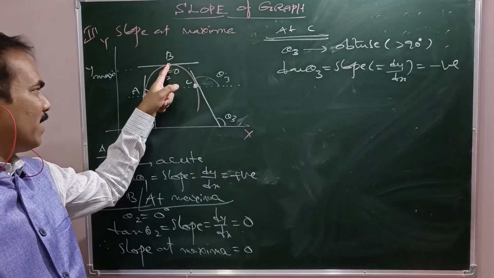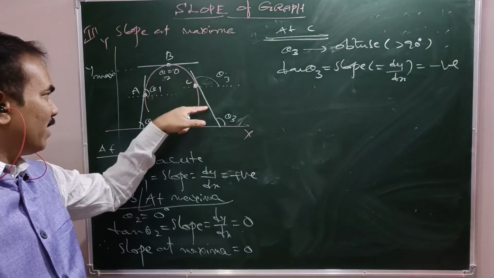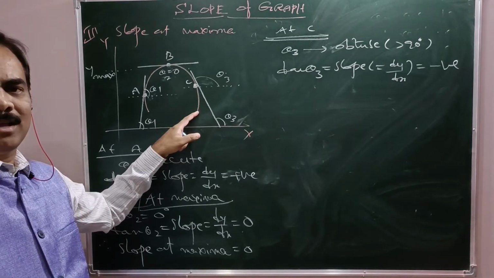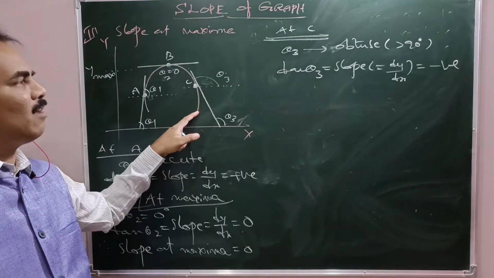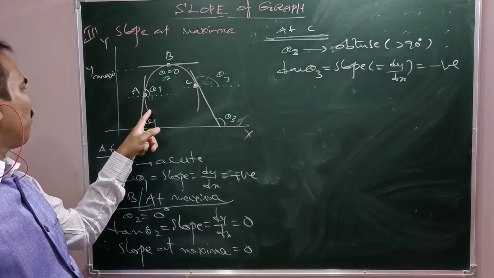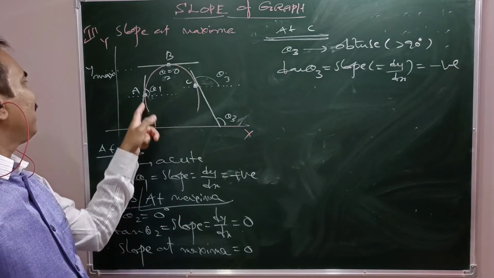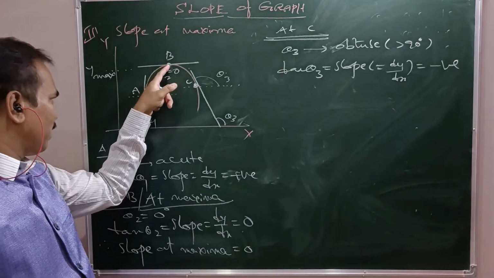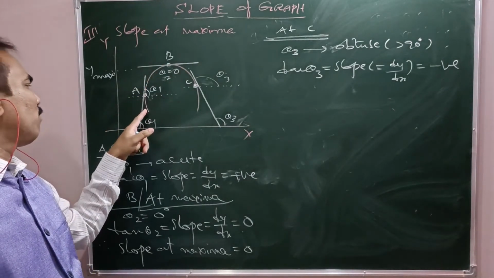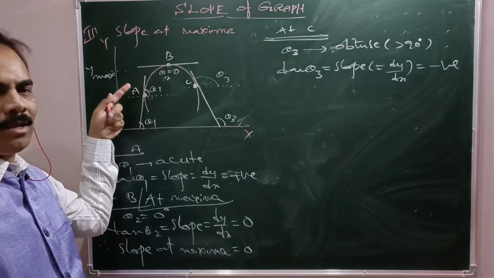So beyond B, at any point on the curve, theta is obtuse, greater than 90. Therefore, slope is negative. Right? At any point from A up to just before B, theta is acute, so slope is positive.